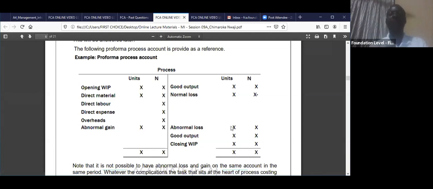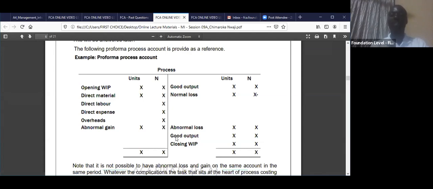Abnormal loss could be maybe somebody comes and steals it, or maybe we'll call it human rats came and ate it. How much has this abnormal loss cost you? So it is going to be stated here, the quantity and the amount.